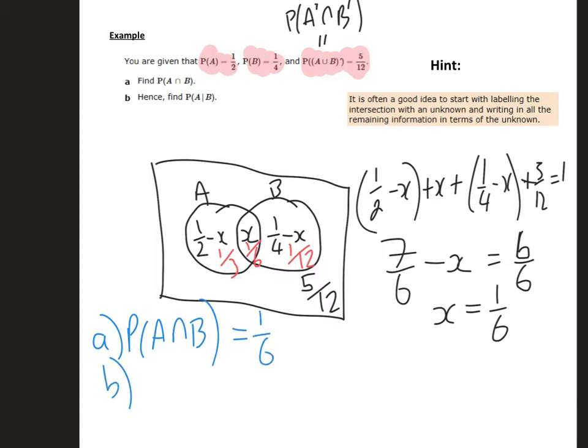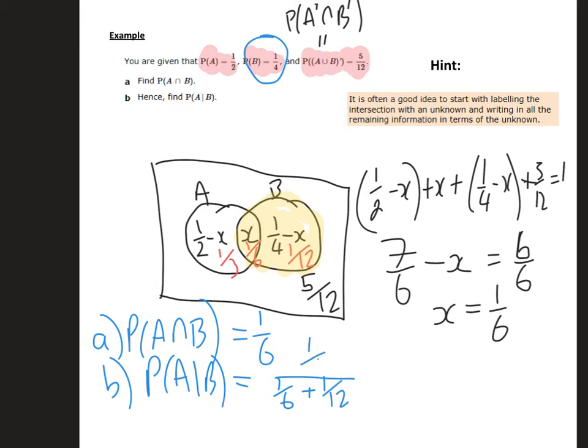And then, find the probability of A given B. So again, B's happened, so I'm only looking at the B circle. Let's highlight the B circle. My probabilities are 1/6 and 1/12, which I know adds up to a quarter. It tells me that in the question. I'm writing them separately so that you can see my options for the top. Out of those two, which gives me the probability of A happening?